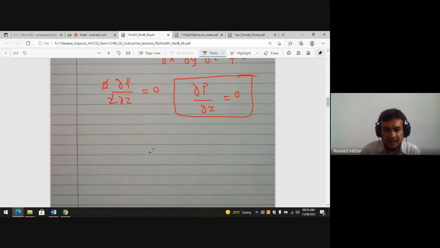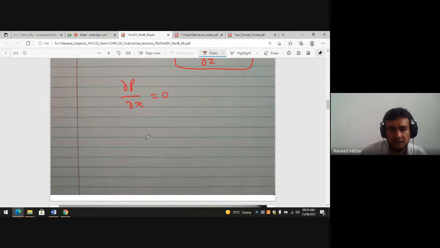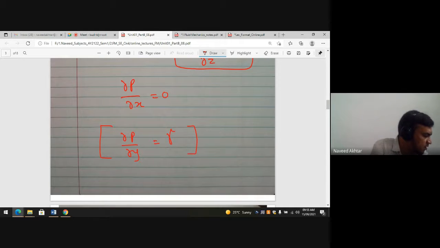Dou p by dou x is also 0, but dou p by dou y is equal to gamma, that is the weight of the element, in case of fluid static.